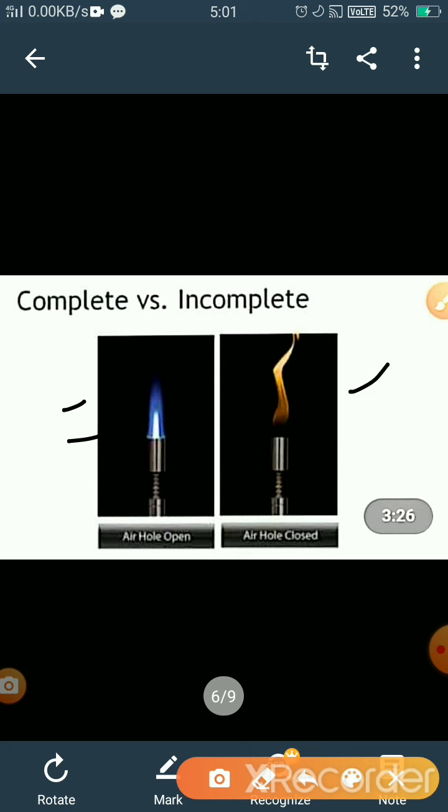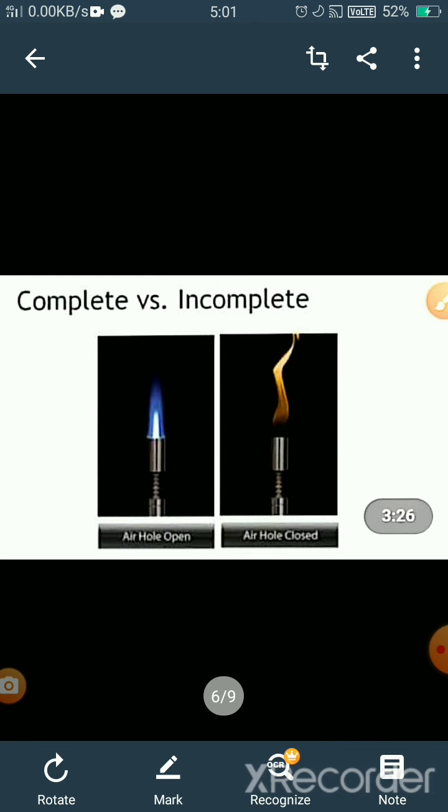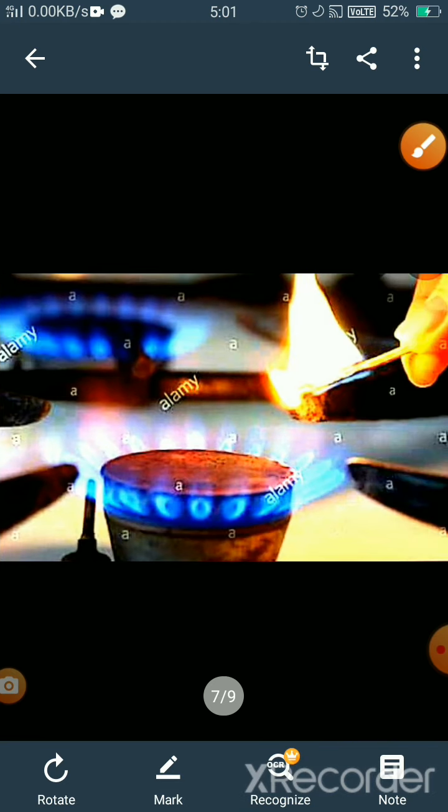Now next is rapid combustion. Rapid means very fast. As we observe, on bringing a burning matchstick or a lighter near a gas stove, the gas catches fire very rapidly, very easily. Heat and light are also produced.